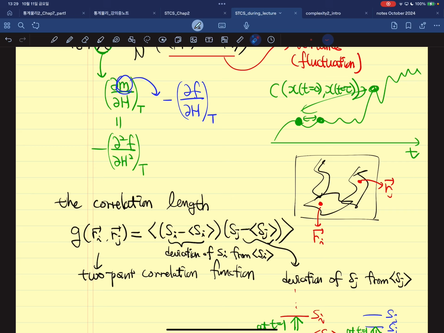Because this deals with the same data at a different time, we usually call this autocorrelation. Here, auto means a correlation to itself, but at different times.